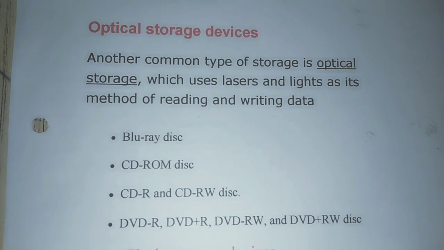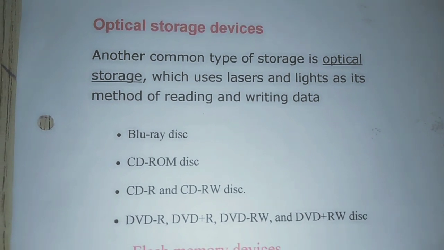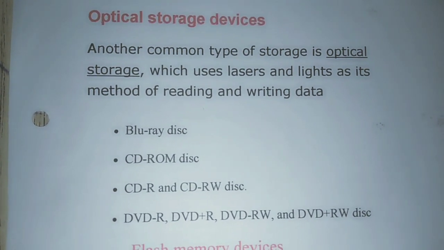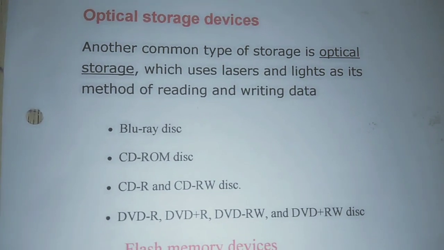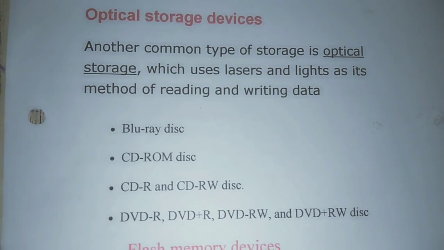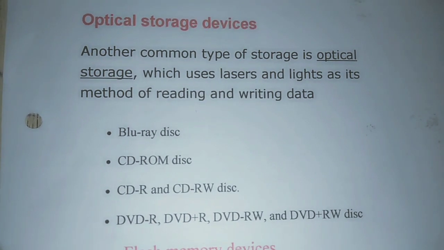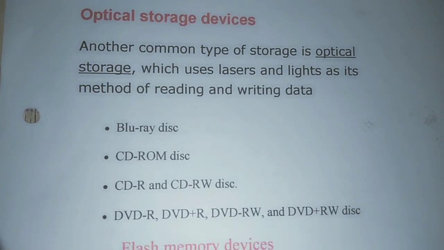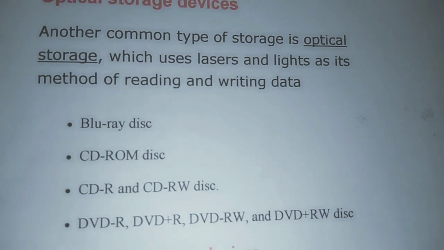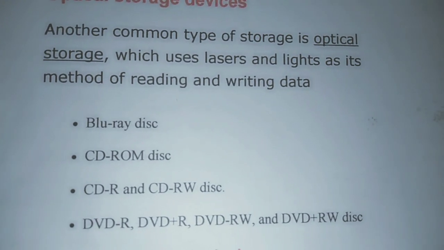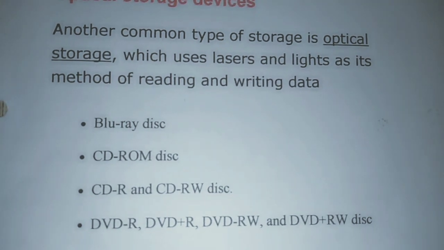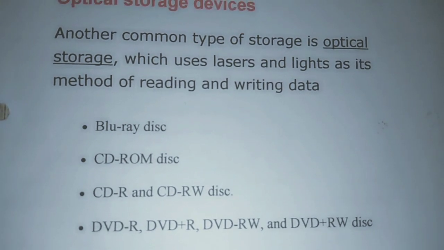Optical storage devices. Another common type of storage is optical storage, which uses lasers and light as its method of reading and writing data. Examples include Blu-ray disc, CD-ROM disc, CD-R and CD-RW disc, DVD-R, DVD+R, DVD-RW, and DVD+RW disc.